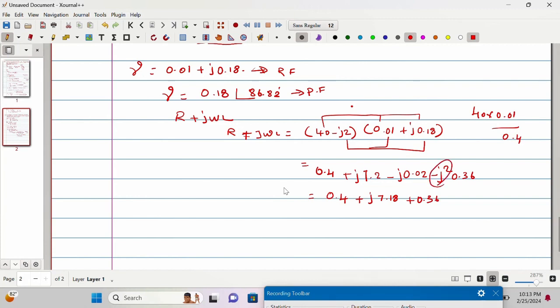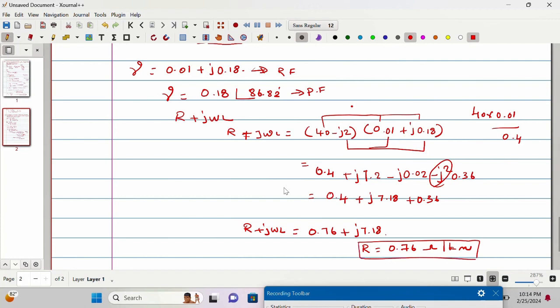Instead of j squared, minus 1, already a minus is there, so finally we put plus 1. Finally R plus j omega L equals 0.76 plus j into 7.18. So what is the value for R from this equation? R equals 0.76 ohms per kilometer.